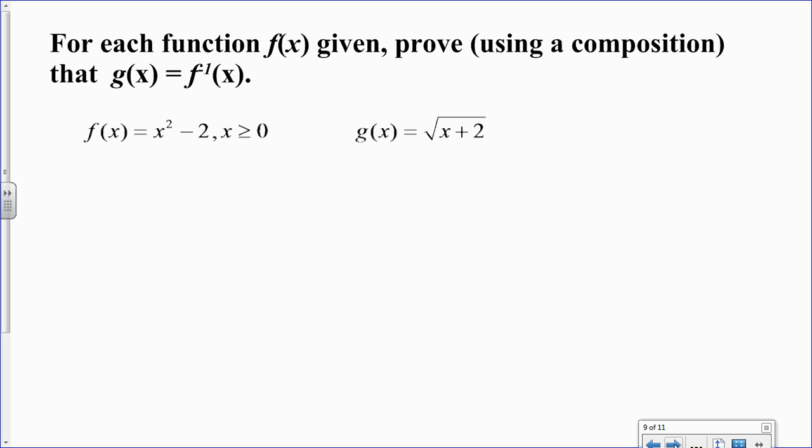So I'm going to do the same thing. This is the two functions I just got done graphing. Now we're going to prove that they are inverses.